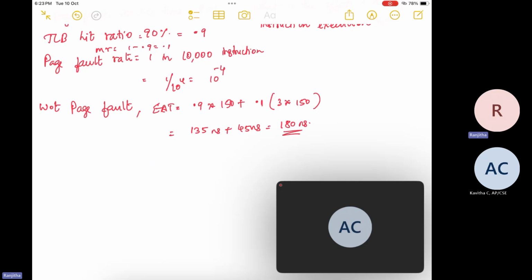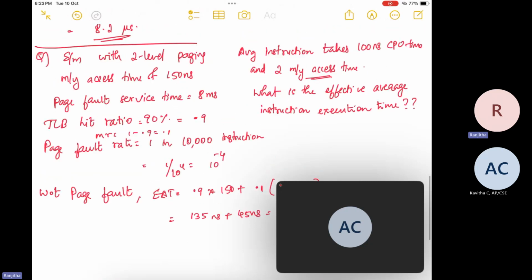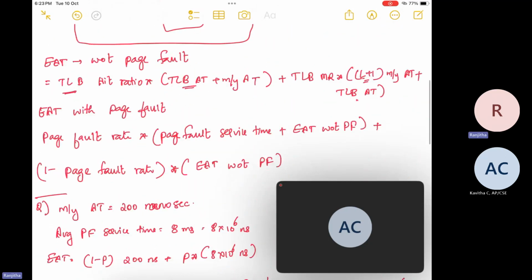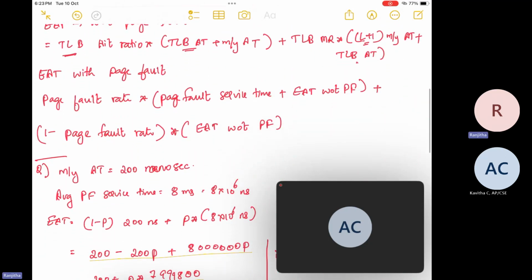Now when there is a page fault, what is the formula? When there is a page fault, we have the page fault rate into page fault service time, plus 1 minus page fault rate into the effective access time without page fault, which is what we have just computed.